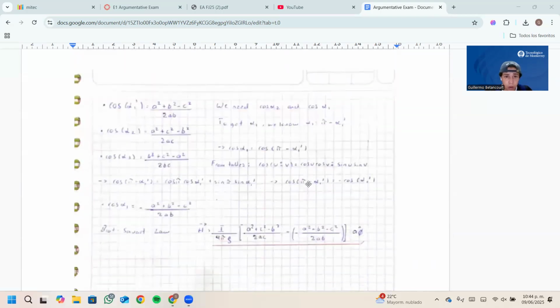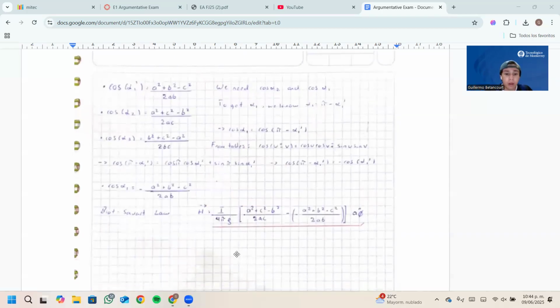Using the law of cosines, we end up with this final formula, where we obtain a new value of cos of alpha 2 and cos of alpha 1.